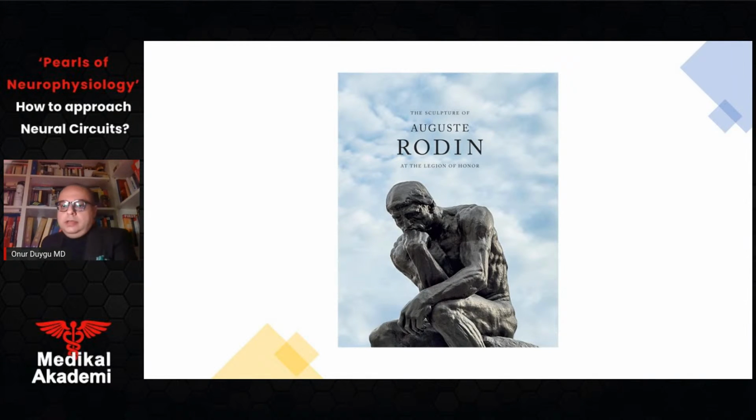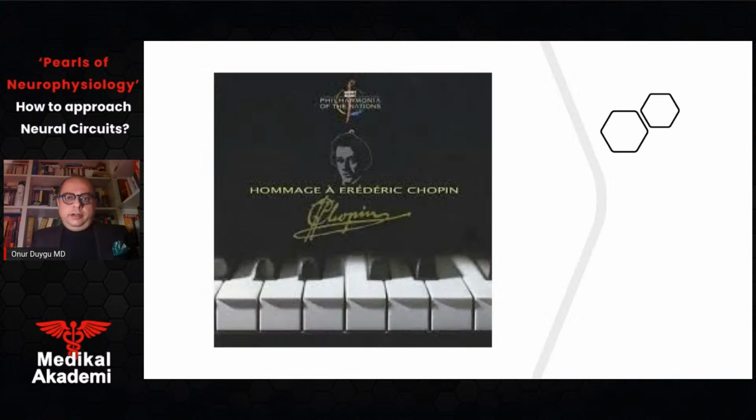Another art is sculpture, for example, performed by Rodin. Auguste Rodin's The Thinker, like other very famous sculptures from the antique age to our century. If you don't have any action potentials or executive functions created by action potentials, there will be no art.